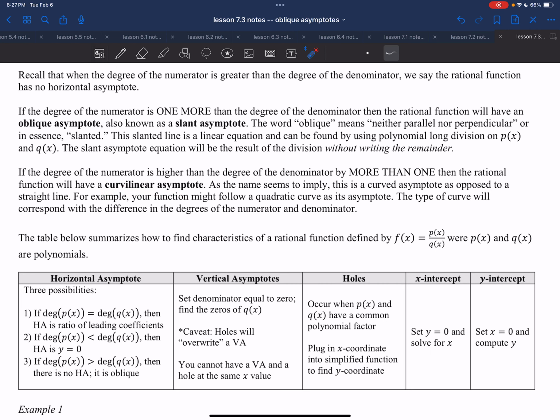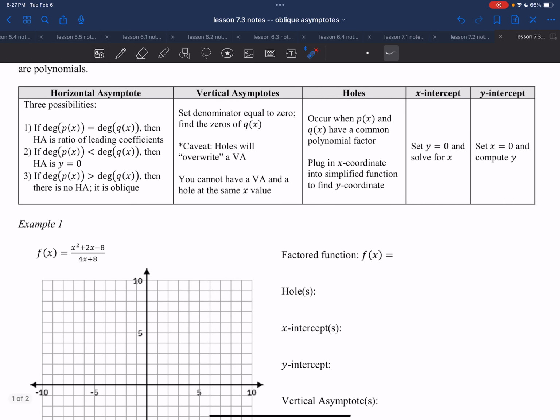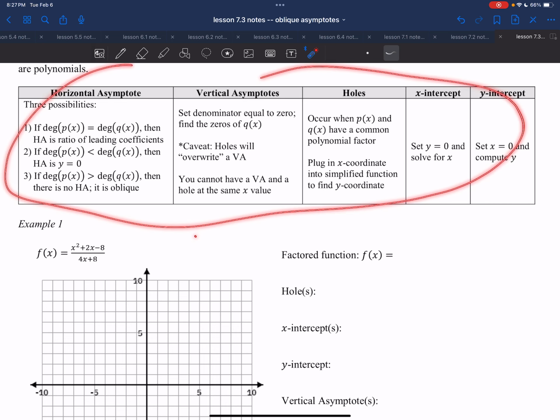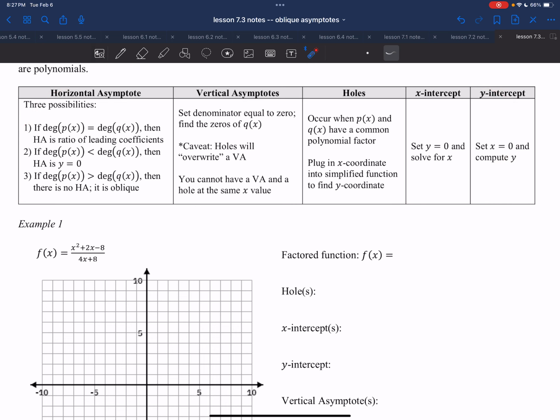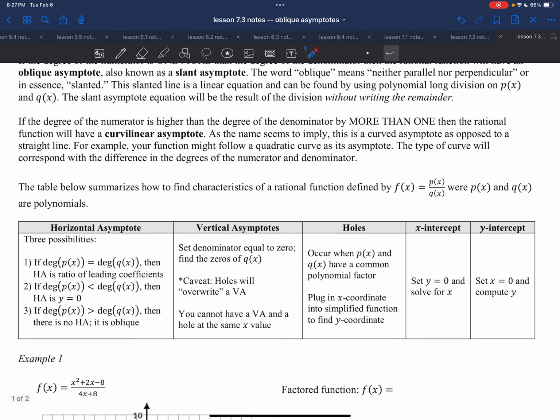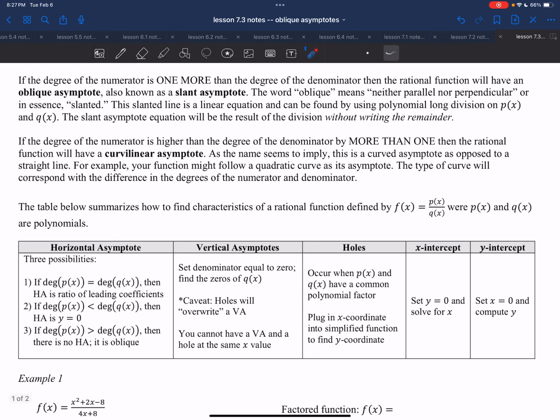Anyway, the rules are here. All that stuff that we did last time, horizontal, vertical, holes, and all that stuff. The way you're going to find a slant asymptote is by using polynomial long division. I'll explain how that is done.